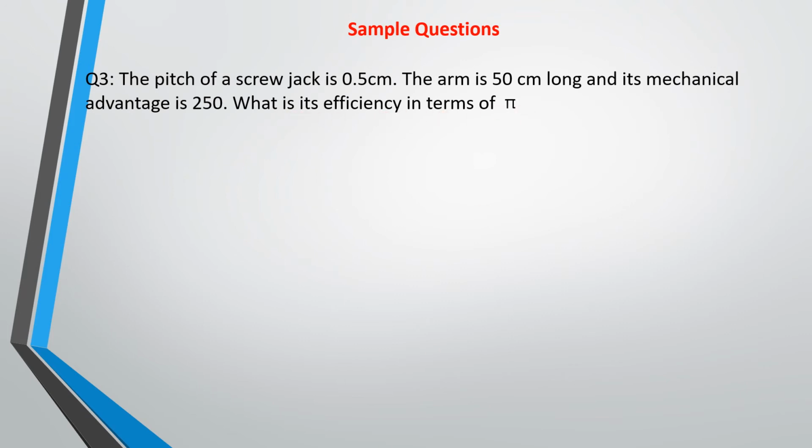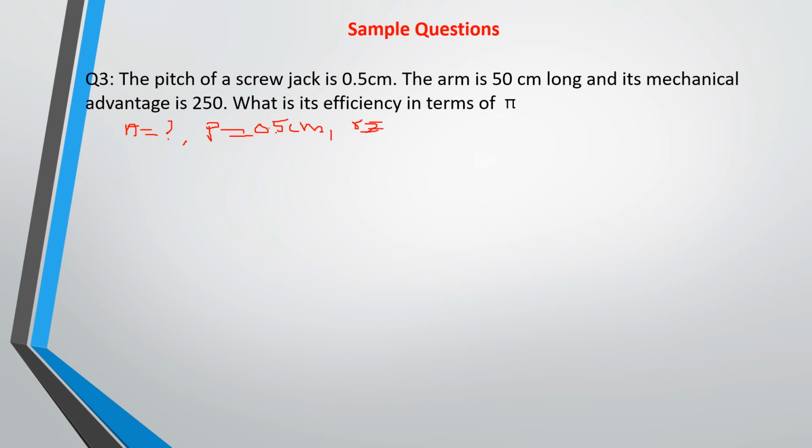Okay, so in this particular question, pi is not given to you, because it says you should find the efficiency in terms of pi. You are given the pitch to be equal to 0.5 centimeters. Then you are given the length of the turning bar, which represents the radius.